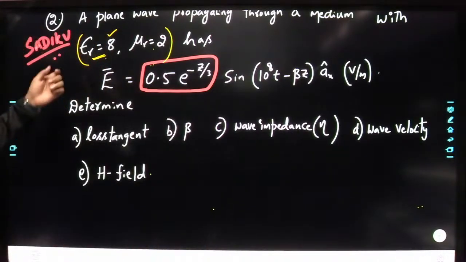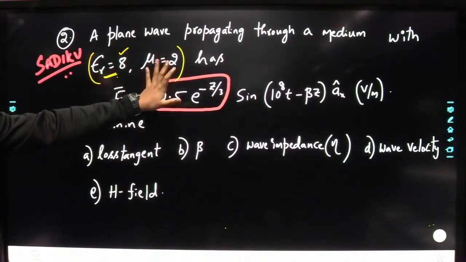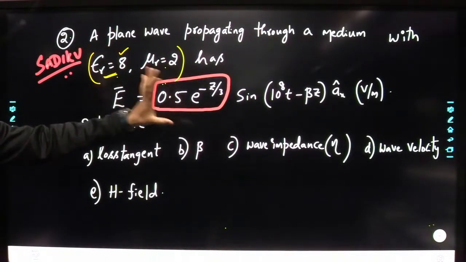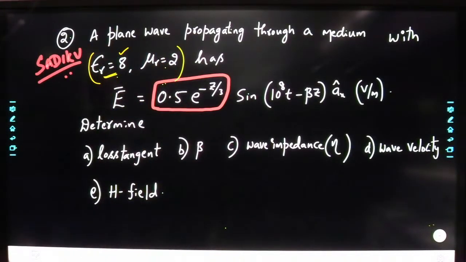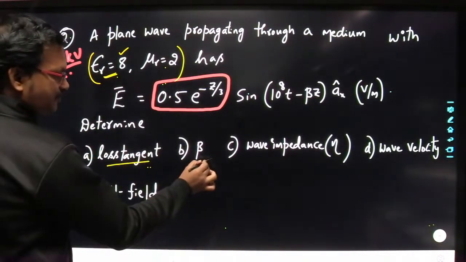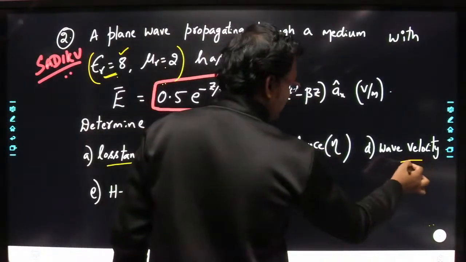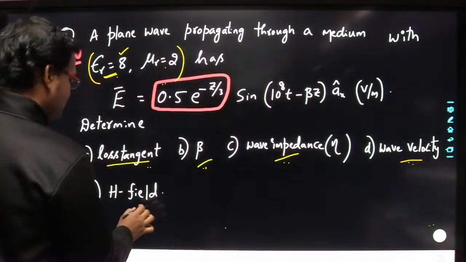So this is the actual problem. Here sigma is not equal to 0, that's what you have to understand. Now they are asking to determine the loss tangent, the beta value, the wave impedance, the wave velocity, and the H field.